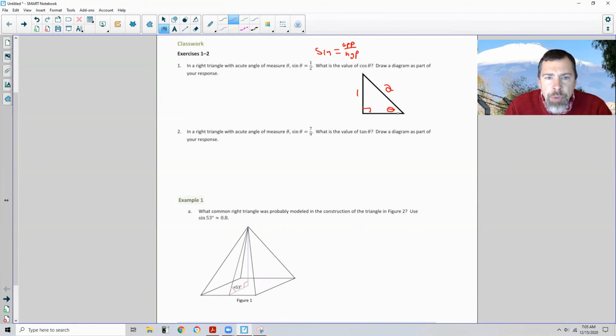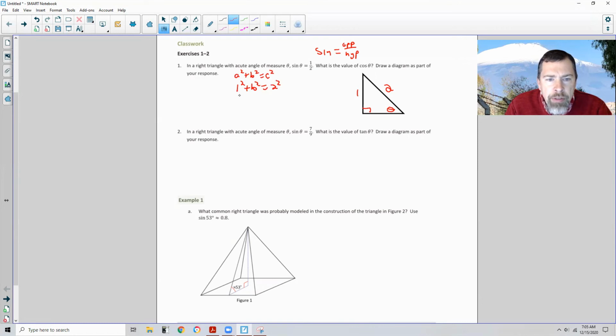A triangle with an angle theta with a sine of 1/2. What is the value of cosine theta? In other words, I need to know what this side is. If I use the Pythagorean theorem, this is A, this is B, and this is C. A squared plus B squared equals C squared, where A is 1, I don't know B, and my hypotenuse is 2.